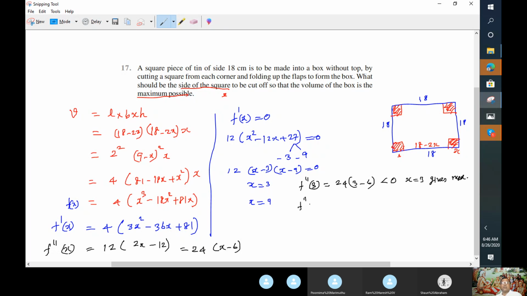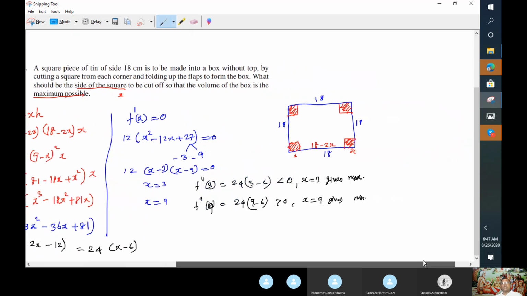Now f double dash of 9, then what happened? 24 into 9 minus 6, this is positive. So positive means x equal to 9 gives minimum volume.